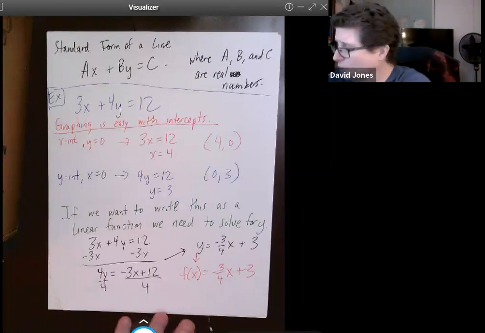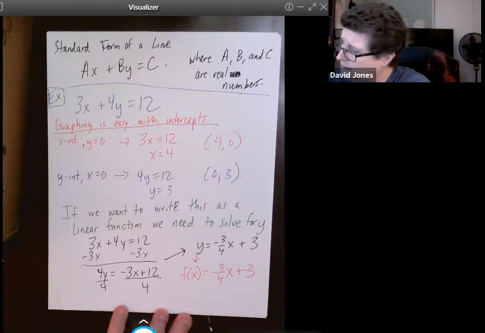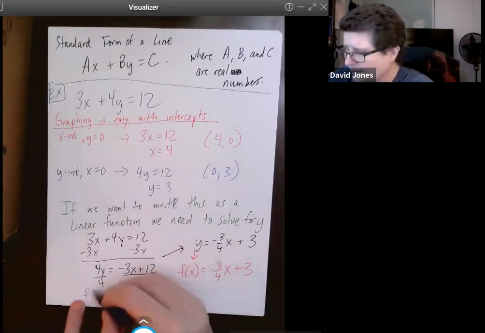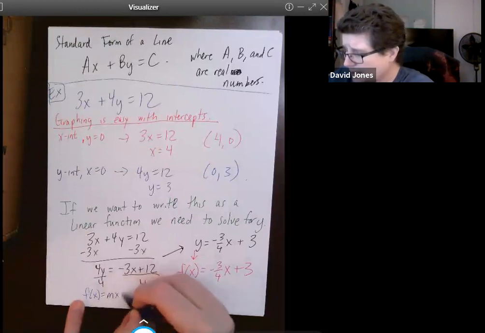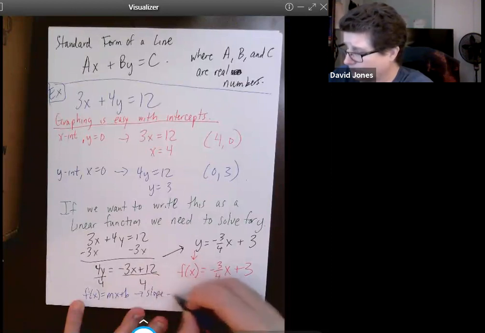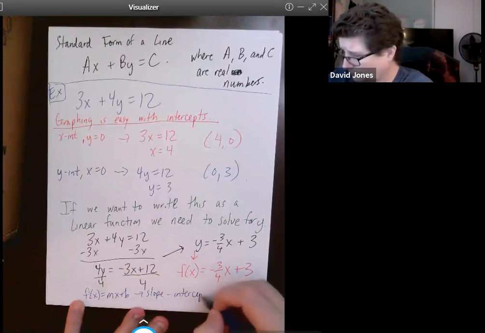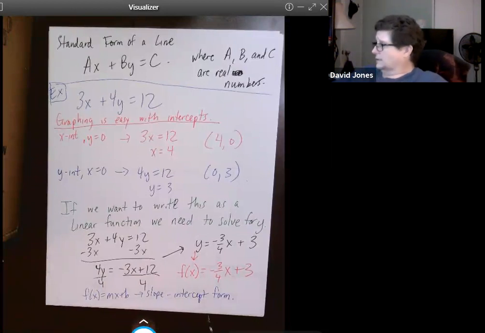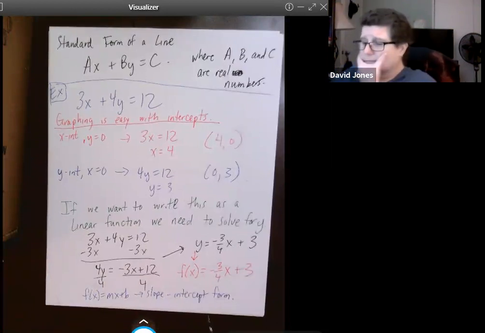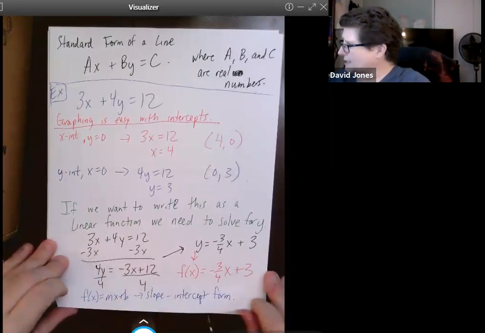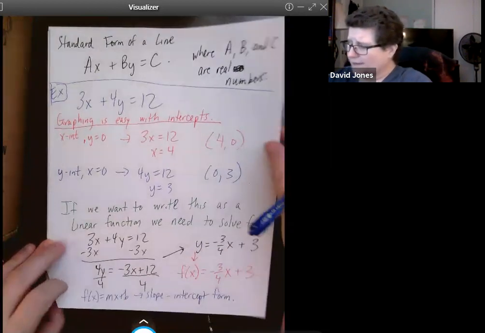This form of the equation, when we have f of x equals mx plus b, is called the slope-intercept form. So we'll look at that more in a second. Let's take a look at this. Let's graph this.